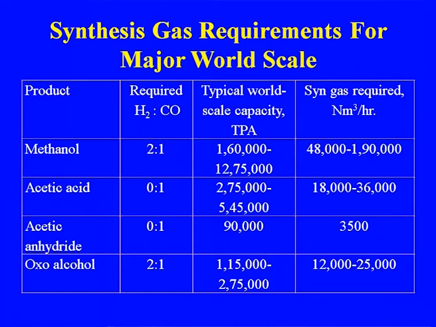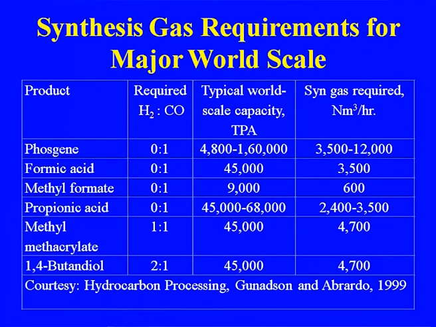You can see the various products I already discussed: methanol, the important product, then acetic acid, acetic anhydride, oxo alcohols, phosgene, another product that we are now using especially for making polycarbonate, formic acid, methyl formate, propionic acid, methyl methacrylate, which is also a very important product for making polymers, and 1,4-butanediol.